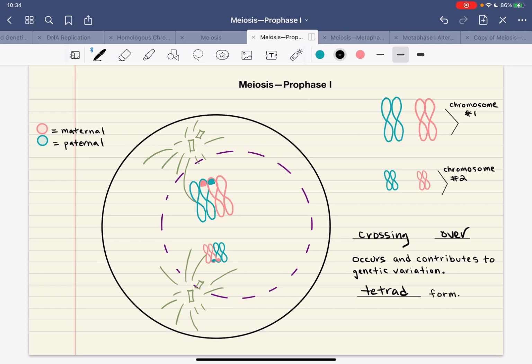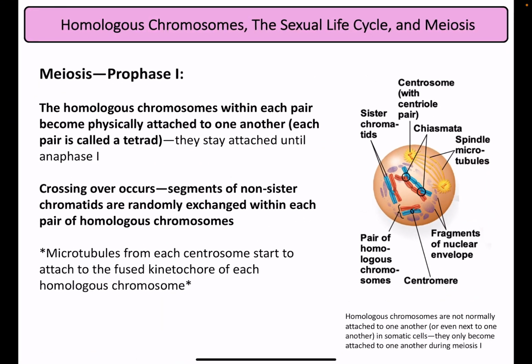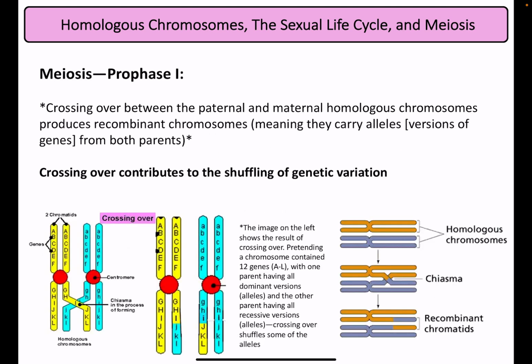Now let's take a look at what we have to say about this in our slides. Now, as usual, I'm only going to highlight things that I haven't already said. There is nothing new to say on this slide, so we're going to move on. Here is just a picture to show you how the process works.